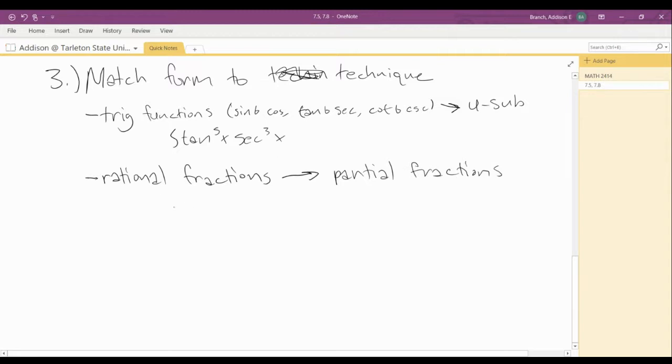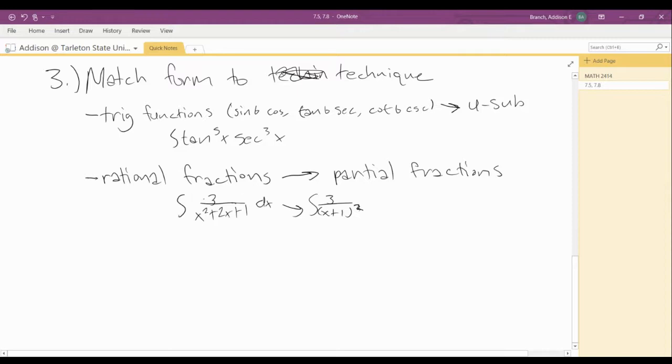For example, if we see something like 3 over x squared plus 2x plus 1, we can't really do anything in that format right now. So we can easily convert that to 3 over x plus 1 squared, or you could do partial fractions, or in this example, you could even just go back and do a U sub. Whatever works for you. This whole lesson is essentially about how to solve things like this.